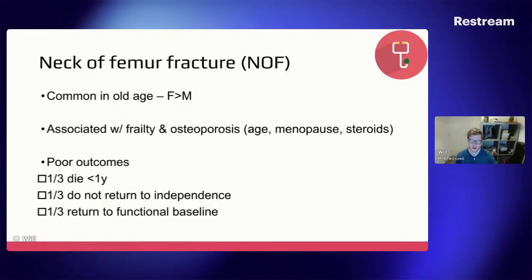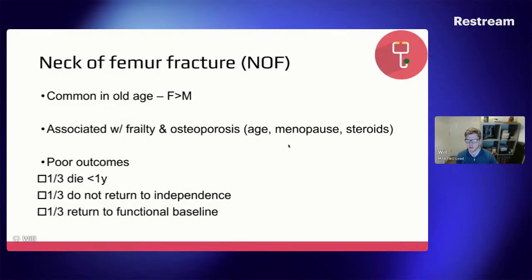When we're looking at the risk factors for osteoporosis, the three most important factors are age, so old age, as we've discussed. Menopause, this is why neck of femur fractures are more common in females, because postmenopausal changes in the hormonal balances in the body, especially estrogen, can hasten osteoporosis, as well as steroids.